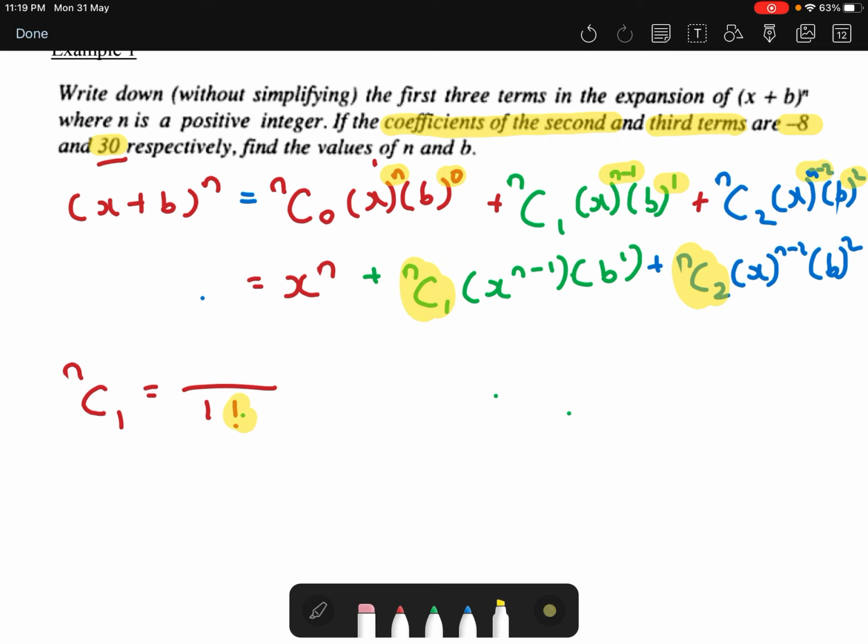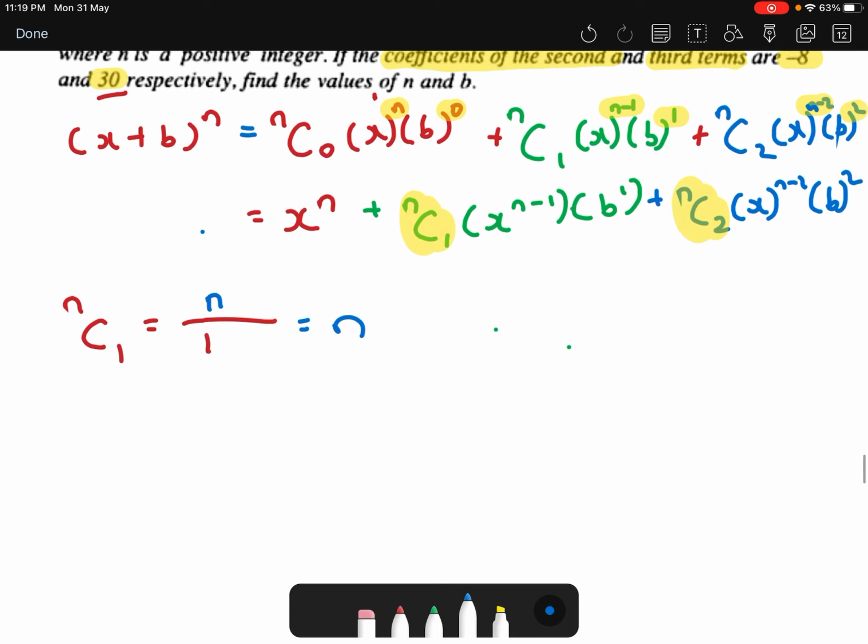Since at the denominator there's only 1 term, the numerator also must have 1 term. So this n choose 1 is just n.